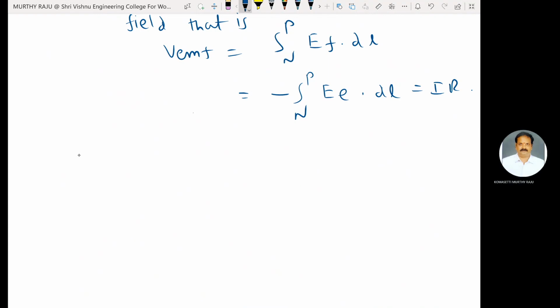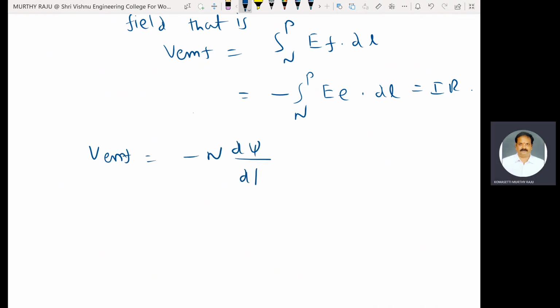Considering case 1, for N equal to the number of turns in the coil, N is equal to 1.